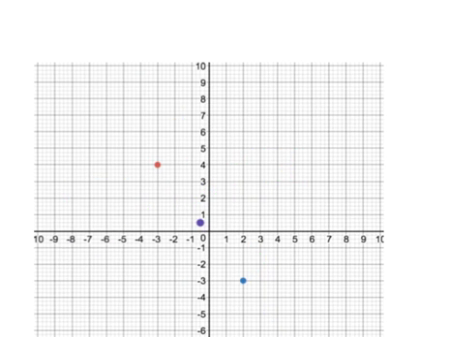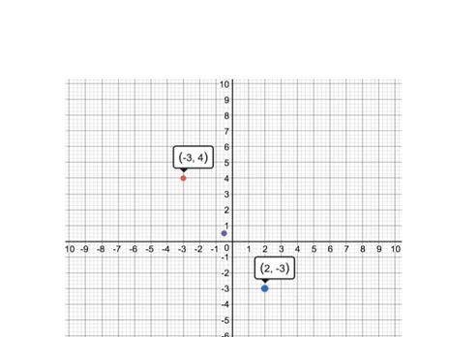So let's look at this. There's my midpoint right there. I want to be able to find that exact coordinate. Now, if I think about it, this is halfway between this x coordinate, or this first coordinate right here, and this coordinate right here.